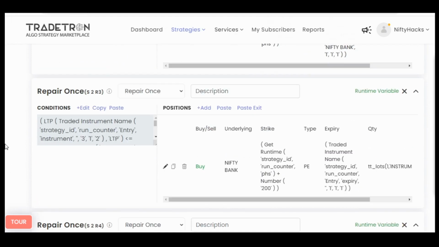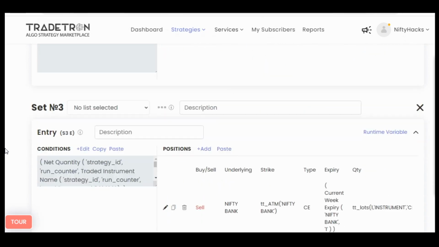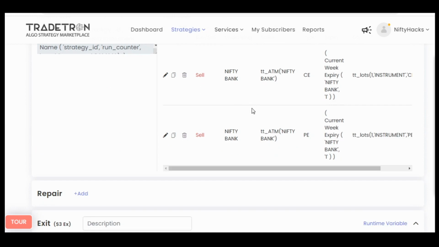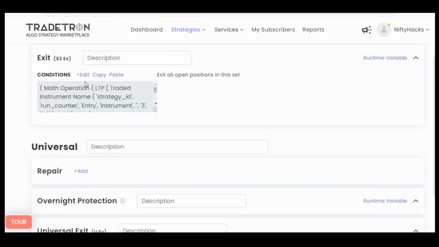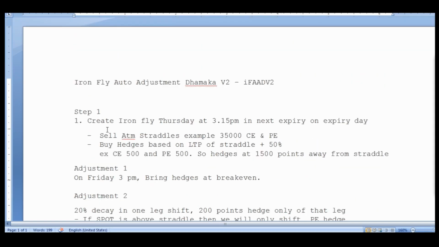In the same way all these repair ones are for adjustment of put side hedges, and set number 3 is for entering the short straddle, and its exit is whenever, as you guys know, this 75% decay happens, and if the market is range bound, then we will exit the short straddle, right? So let's go through this one by one.